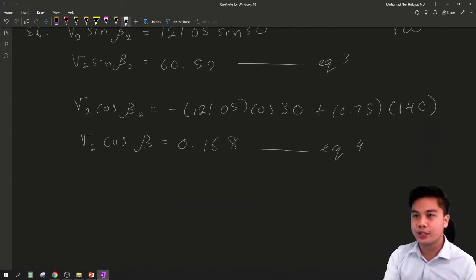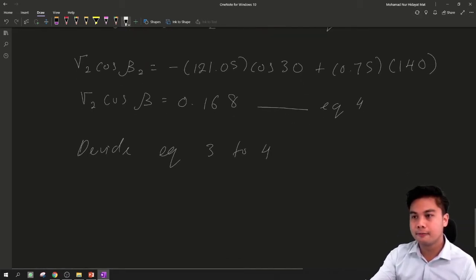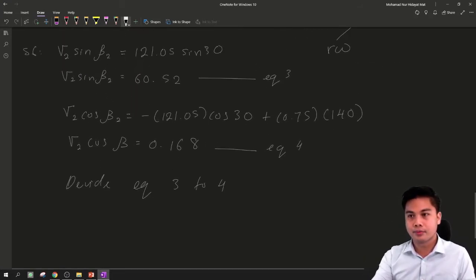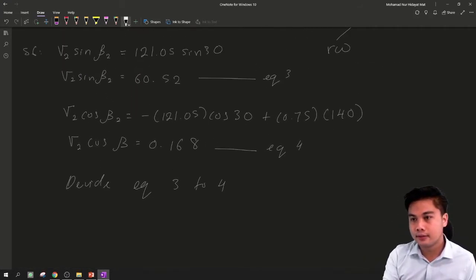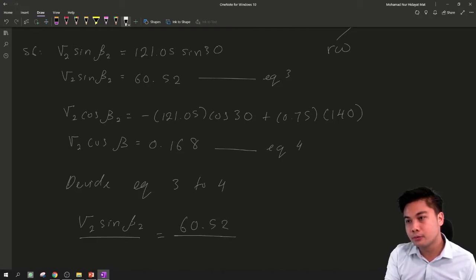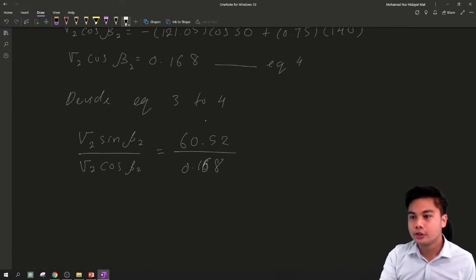So try to divide equation 3 by 4. Equation 3 is V2 sine beta 2 equal to 60.52. You divide both sides by V2 cos beta 2, which is 0.168. So V2 and V2 cancel, sine over cos is tangent.